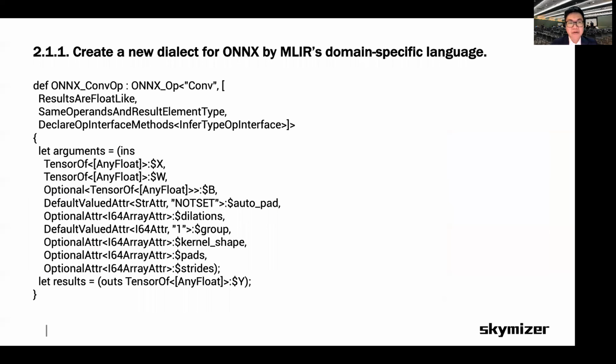For more detail, you can check this. In the first step, we create a new dialect for ONNX by MLIR's domain-specific language. Like the code shows, we implement convolution, which is an ONNX operator. We use MLIR's domain-specific language to describe the convolution's behavior.